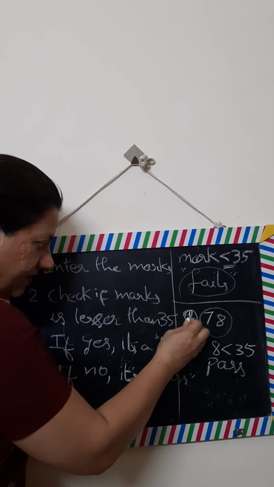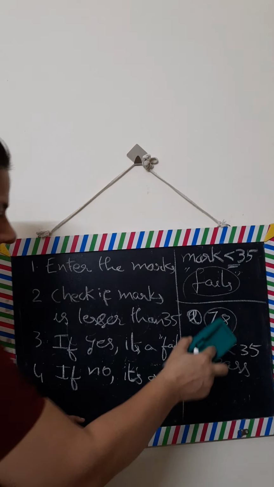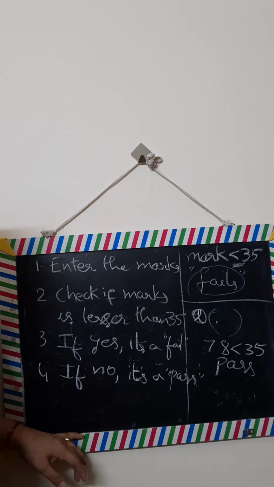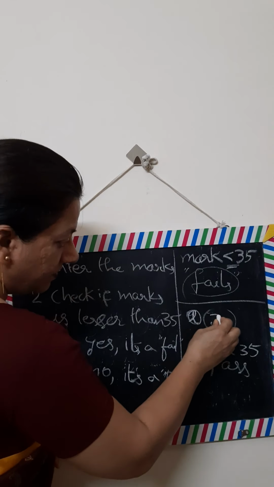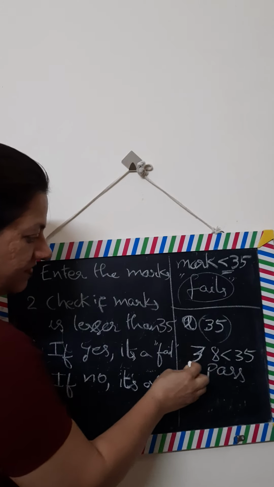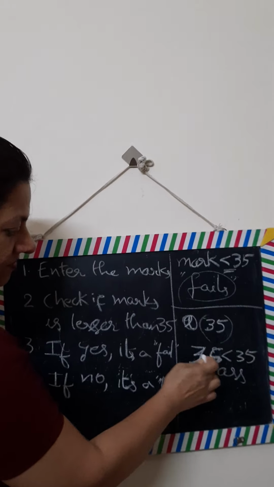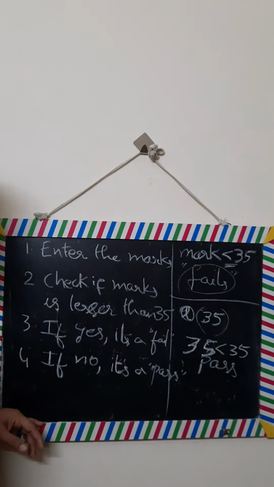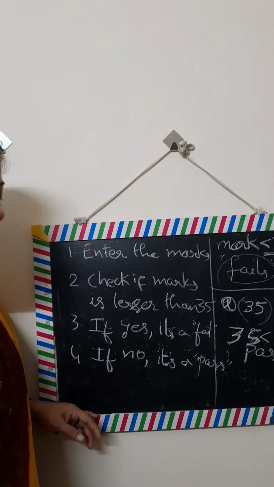In my second dry run, I am making it 35. Now what will happen? If the number is 35, now it becomes 35 is less than 35. The answer is still no. So again the person has passed.